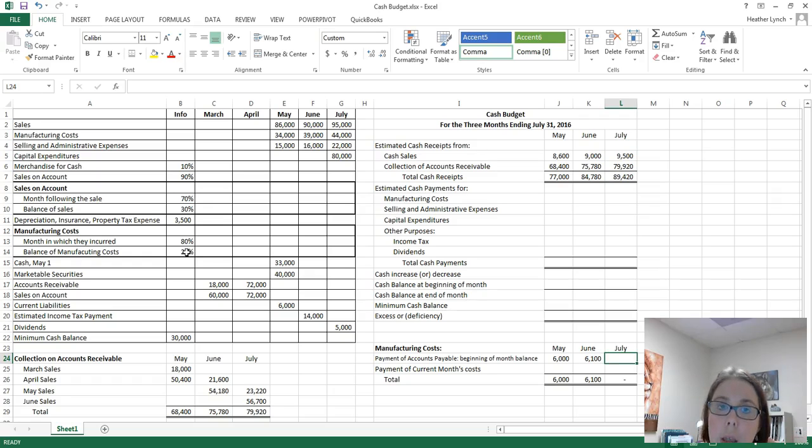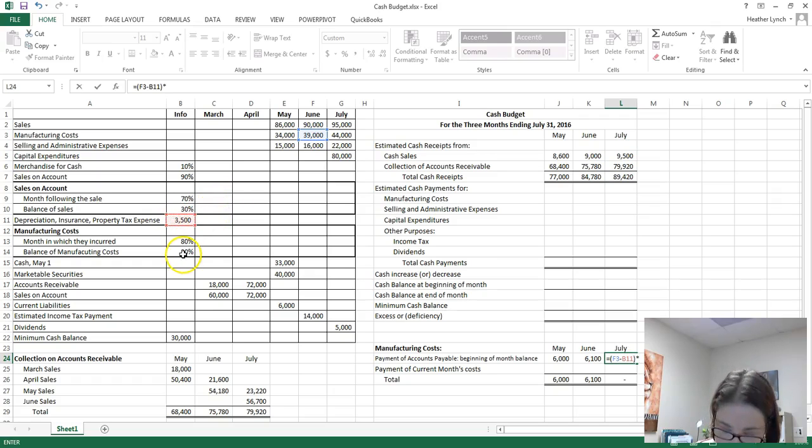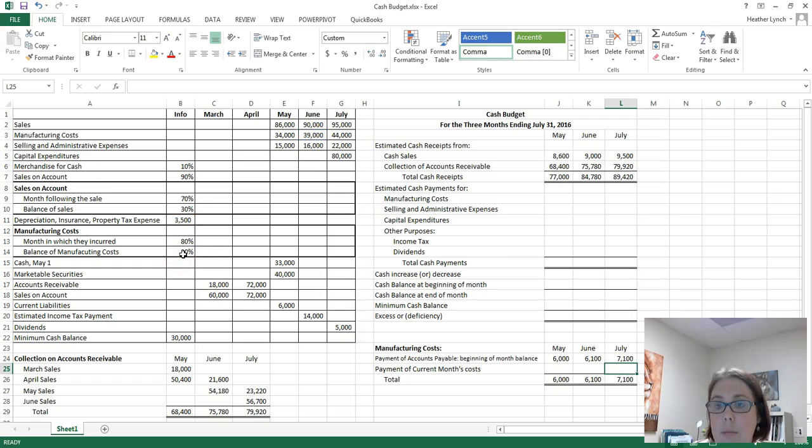So July, we're looking at the balance that we're paying there. So we look at the $39,000 of manufacturing minus the $3,500, also times the 20%.